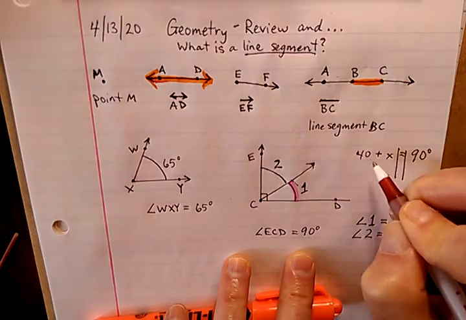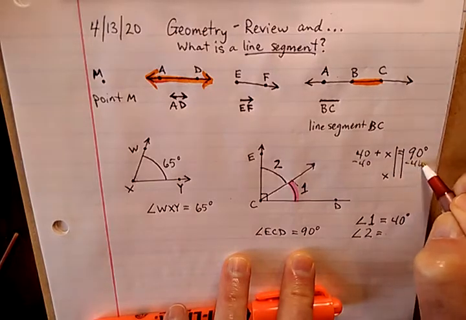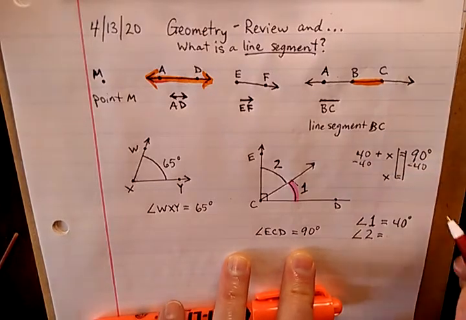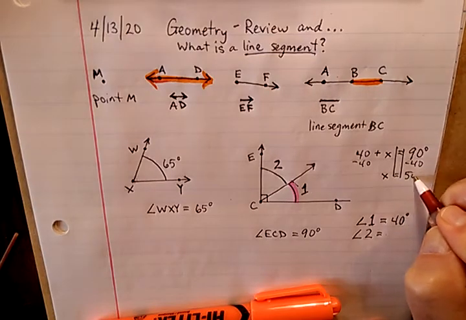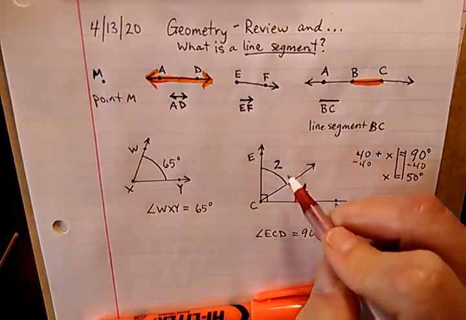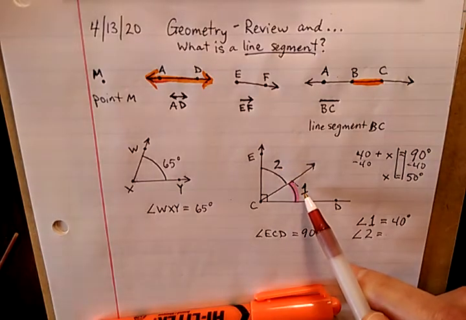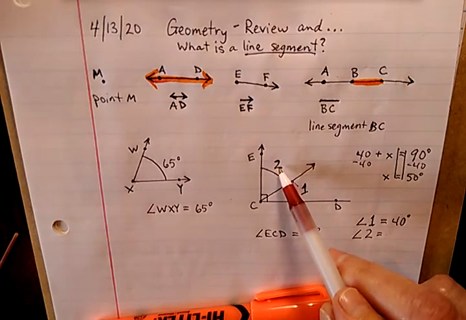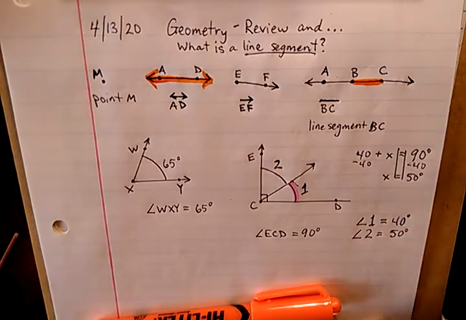So we've got to get rid of the 40. Let's do a minus 40 and then minus 40 here. That equals 90 minus 40, which is 50 degrees. So that means angle 2 must be 50 degrees. Since angle 1 was 40, and you add 50 more, you get 90. So angle 2 is 50 degrees.